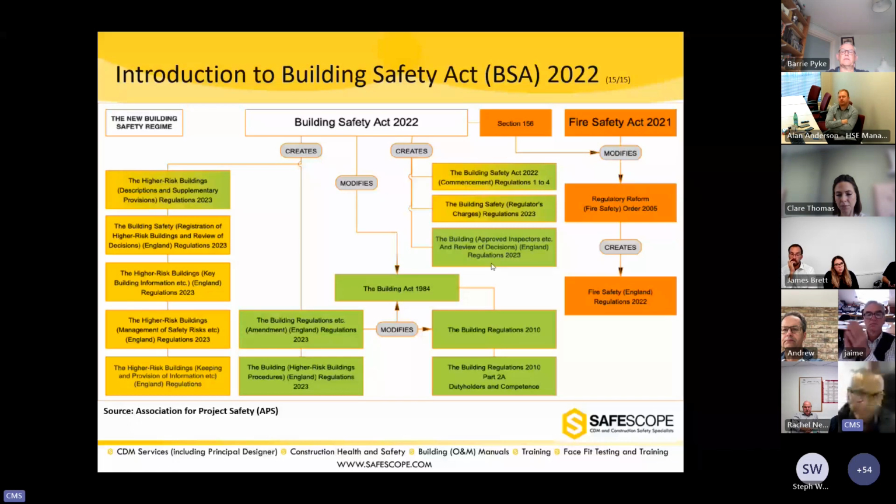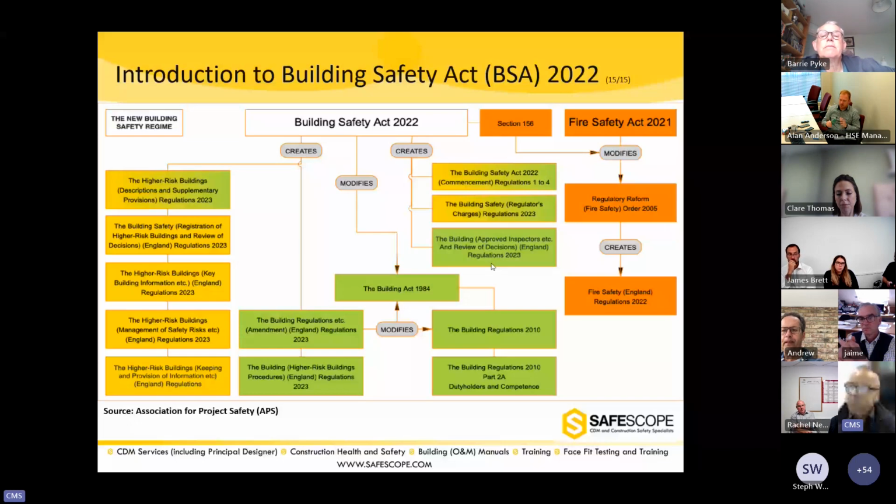Someone, one of our colleagues, was telling me yesterday that approved inspectors are now refusing to give advice that they used to give, such as whether something is okay or how many millimeters we will need here. They are saying you should go and find out yourself now, because of the impact of this Building Safety Act.